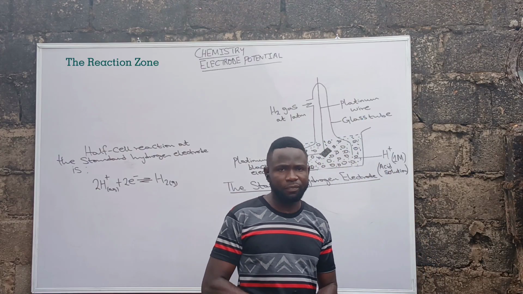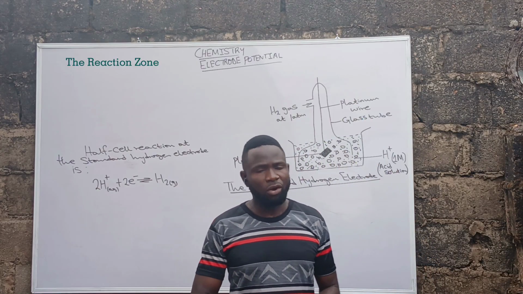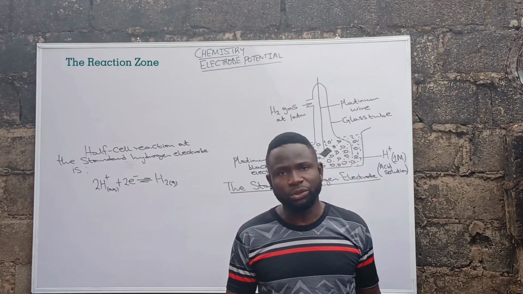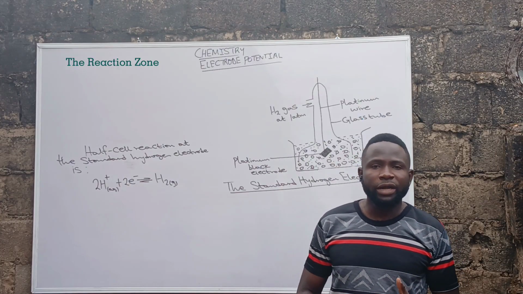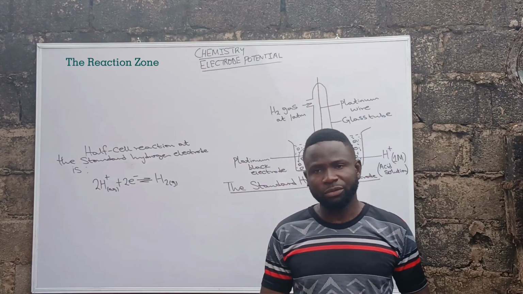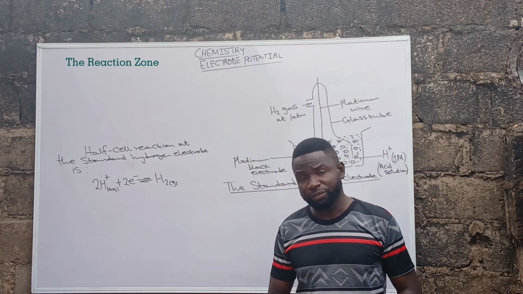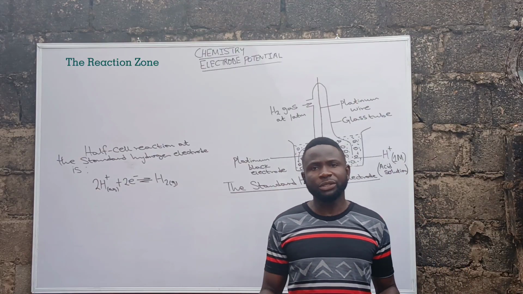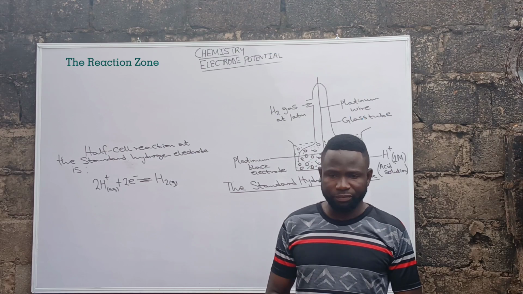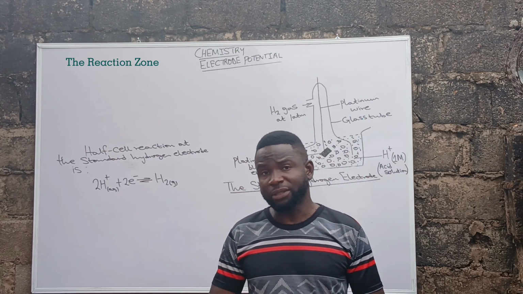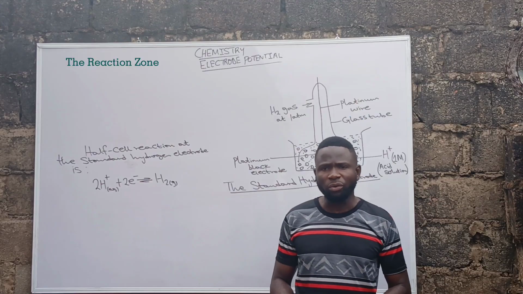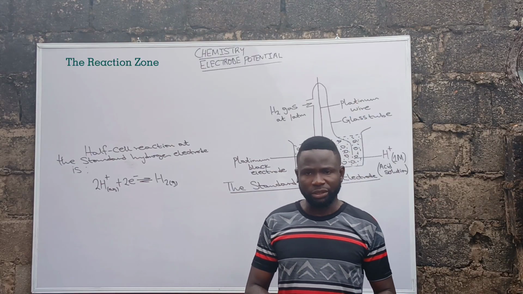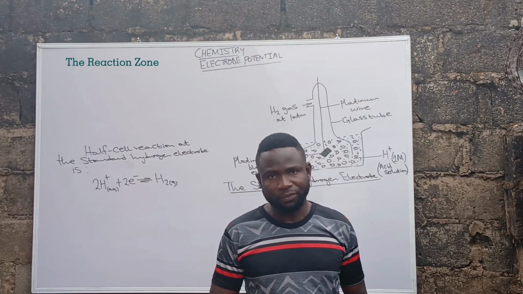In the same vein, when copper comes in contact with a solution containing its ions, it acquires a positive charge with respect to the solution. This potential difference between the copper rod or copper metal and the solution is called the electrode potential of copper.